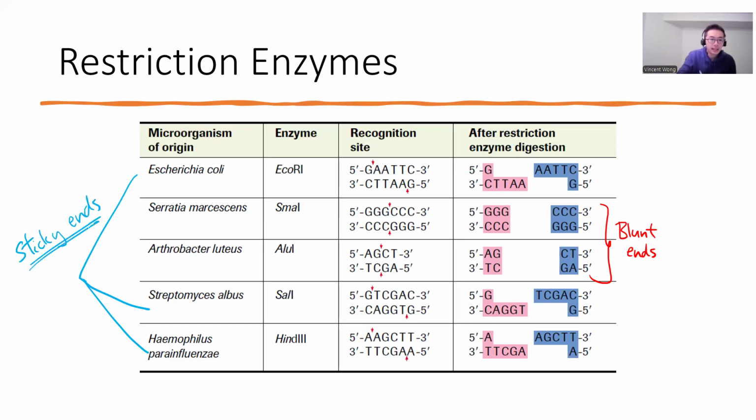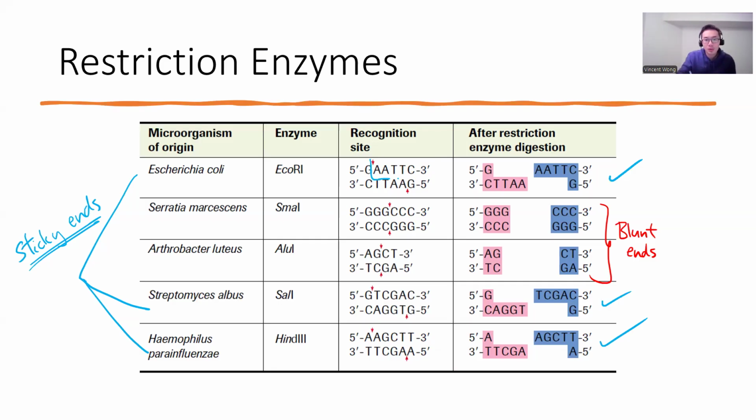Okay, and for the purpose of putting a gene into a plasmid, we want sticky ends. Okay, blunt ends are not useful in our discussion. They're useful in some other contexts, but not what we're trying to do. And what we're trying to do is put the human insulin gene into a plasmid and then feed it to a bacteria. So why are they called sticky ends?